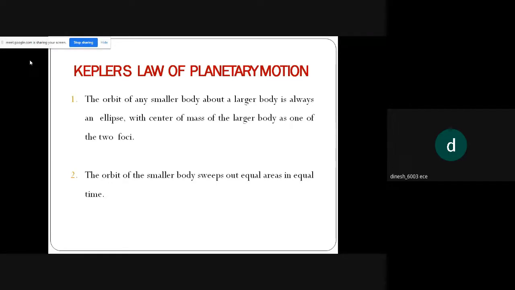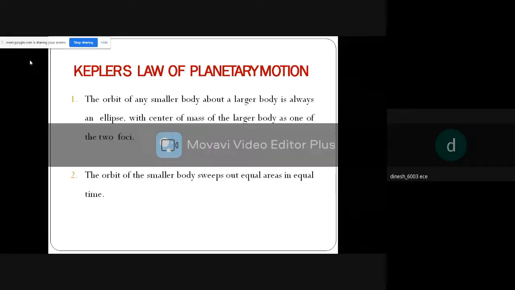So the meaning is that the orbit of any smaller body about a larger body is always an ellipse. If you see the structure, for example, we take two bodies.